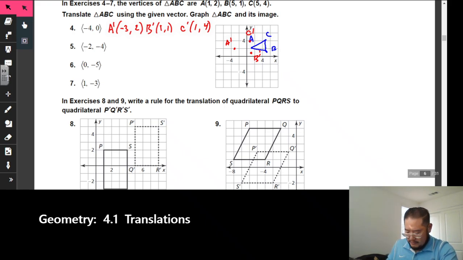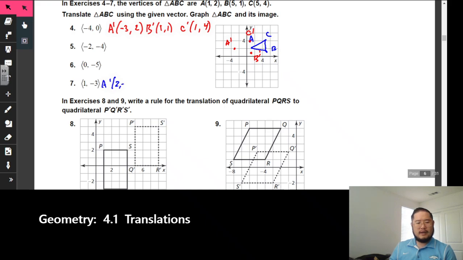Let's take a look at number 7. So let's start with point A. We have 1 plus 1 because we have positive 1 right here on number 7, so our answer will end up being 2. And then we have 2 minus 3, which is -1.